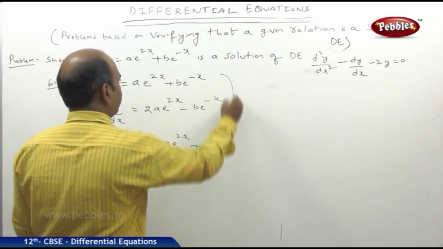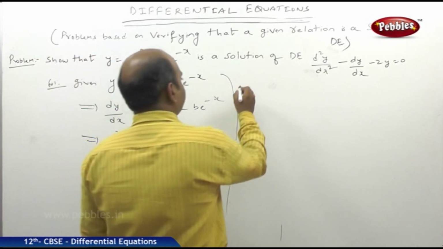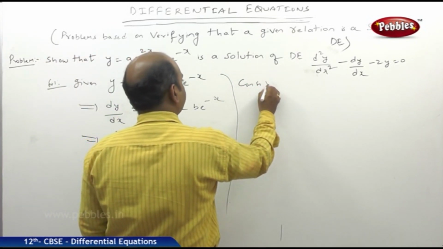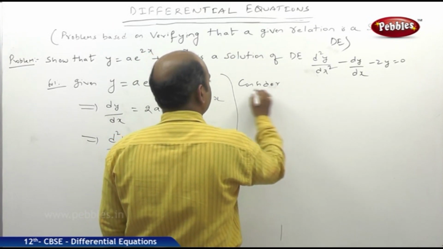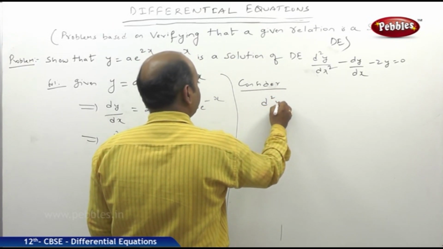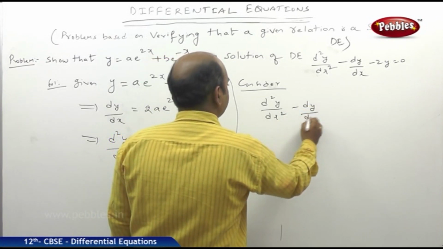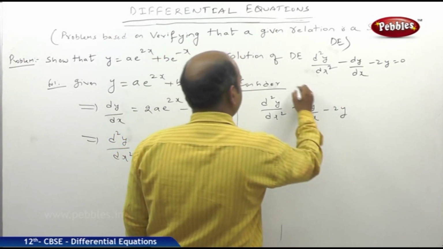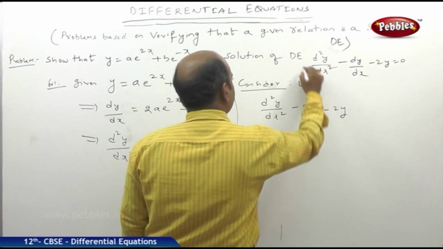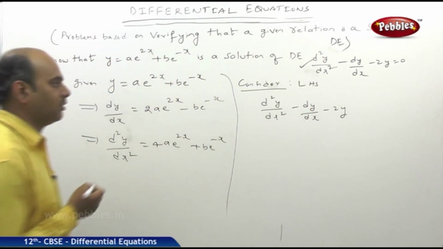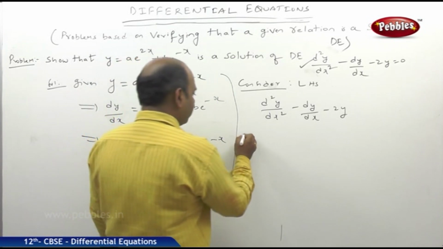Now I will be considering the LHS of the given differential equation. So consider d square y by dx square minus dy by dx minus 2y. LHS means this particular part of the given differential equation.